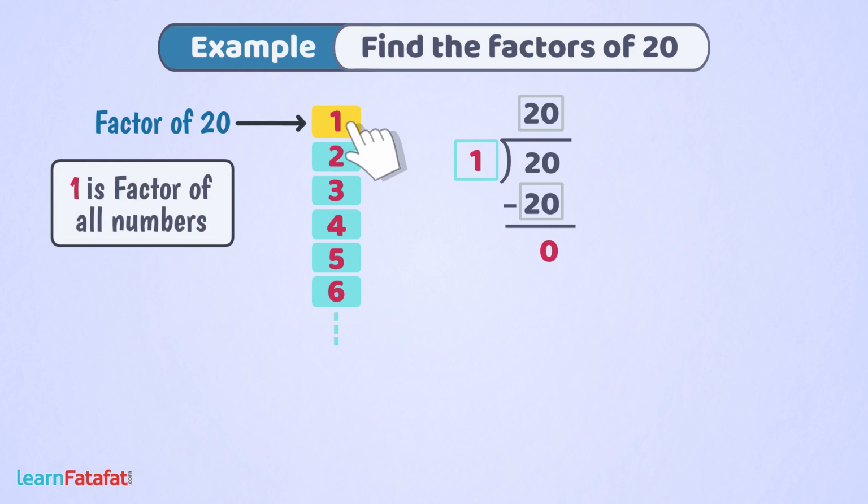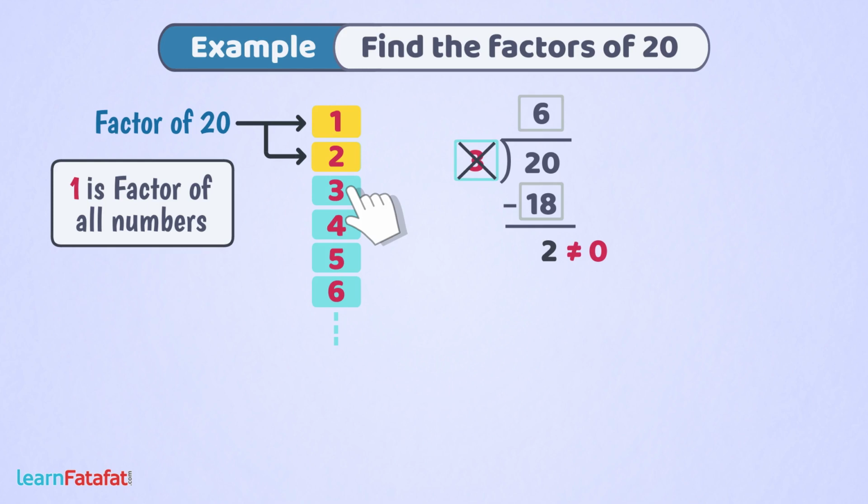Let's check if 2 is a factor of 20. 20 divided by 2 equals 10. The remainder is 0, so 2 is a factor of 20. When we divide 20 by 3, the quotient is 6. However, it leaves a non-zero remainder 2. So 3 is not a factor of 20.